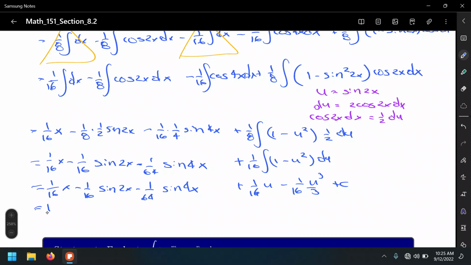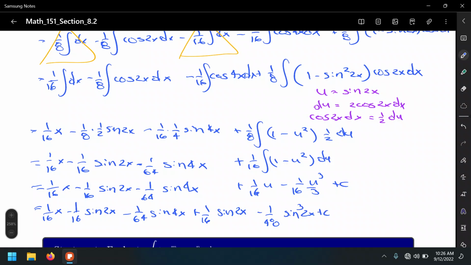So that's 1/16 x minus 1/16 sine 2x minus 1/64 sine of 4x plus 1/16 u, which is sine 2x, and 16 times 3 is 48, I think, 1/48, and sine cubed of 2x plus c.